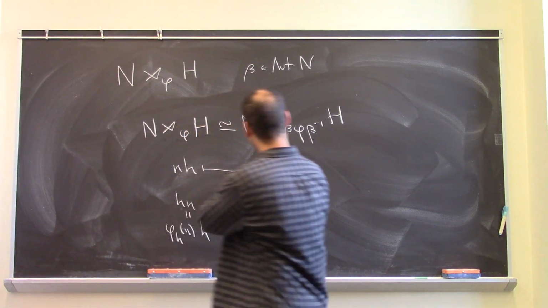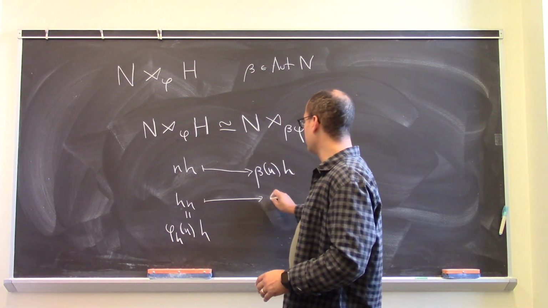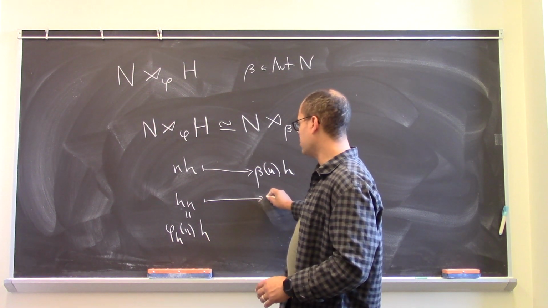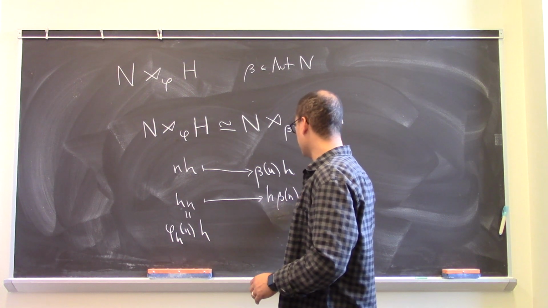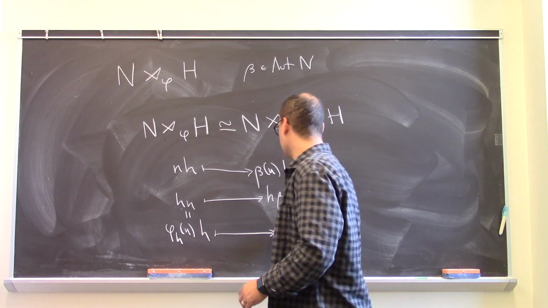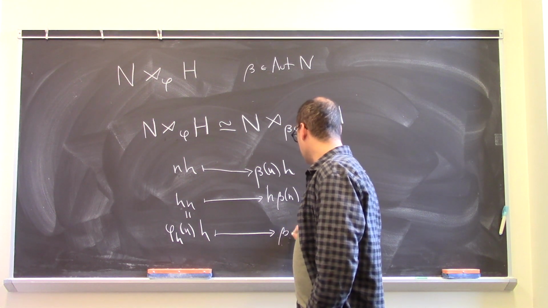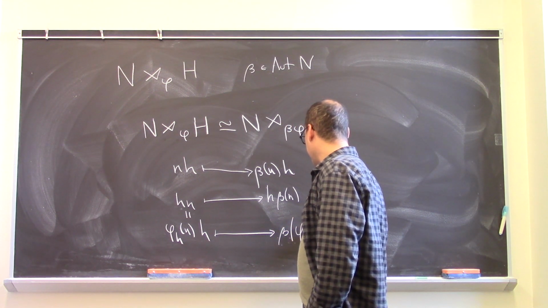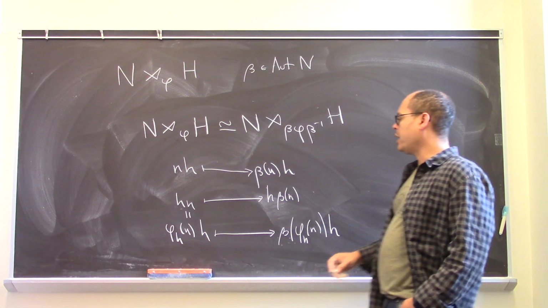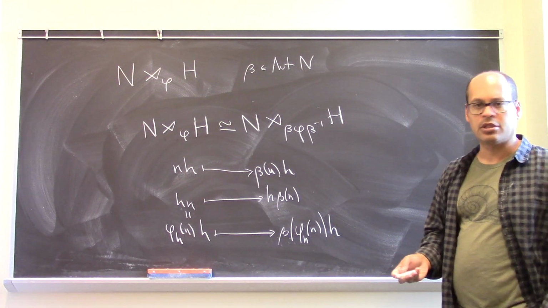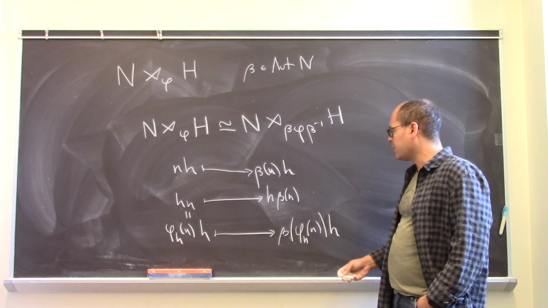And if you look at where this map wants to send these different elements, it wants to send this thing to h beta of n, and it wants to send this thing to beta of phi_h of n h. And for this to be an actual legitimate isomorphism, we really want these two things to be the same.